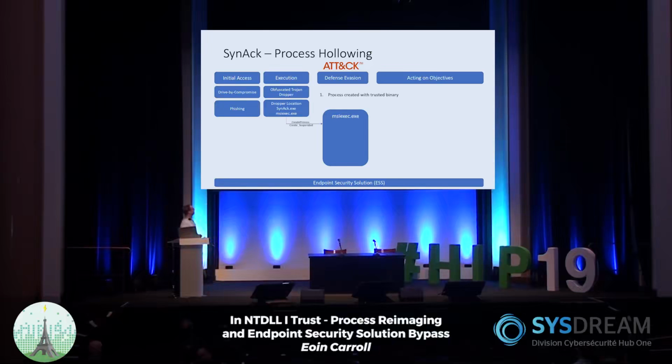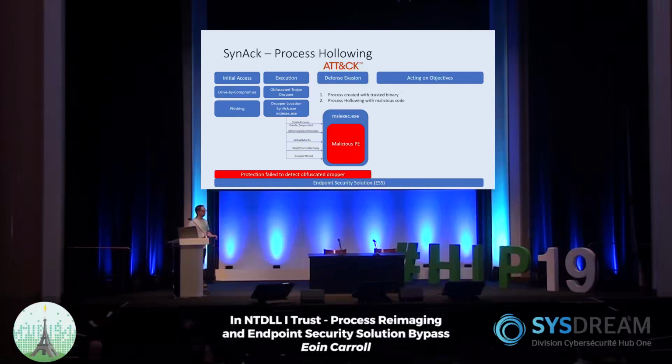Now, for process hollowing, as I'm sure a lot of people here today know, it starts off by creating the process in suspended mode. So it uses the trusted process msiexec, and then it uses numerous APIs whereby it hollows out the memory and replaces it with malicious code. Now, if the endpoint security solution fails to detect this dropper, then the process is allowed to execute.